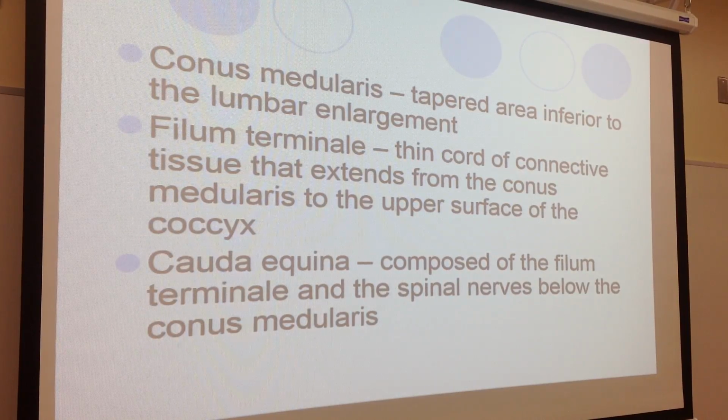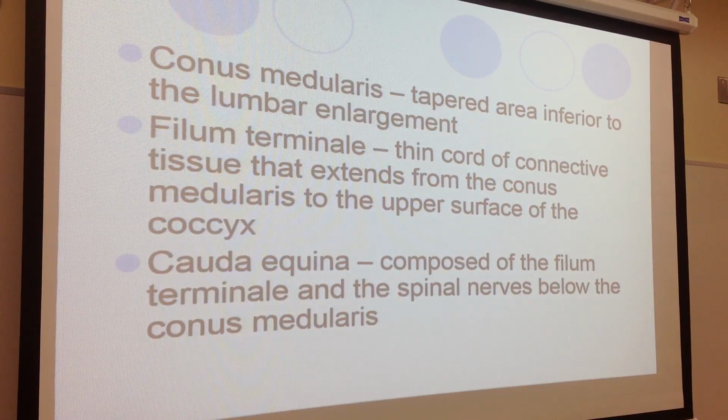And it forms a thread, a terminal thread, thus filum terminale, because that's really Latin for terminal thread, if you will. And it's just a thin cord of connective tissue that extends from that conus medullaris down to the upper surface of the coccyx. And basically the whole purpose of that is to anchor the spinal cord so it doesn't flop around inside the vertebral canal.